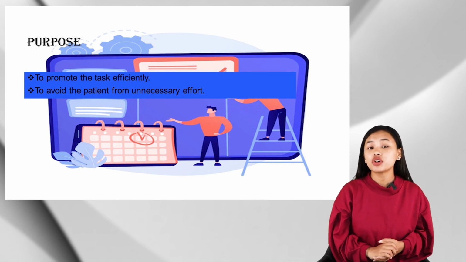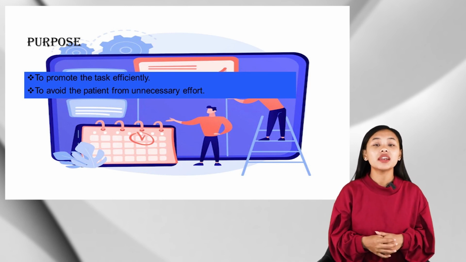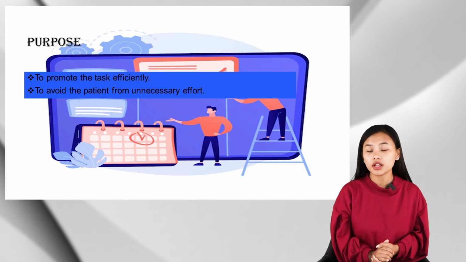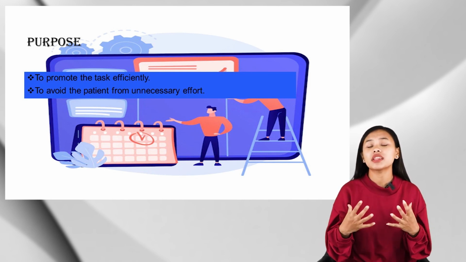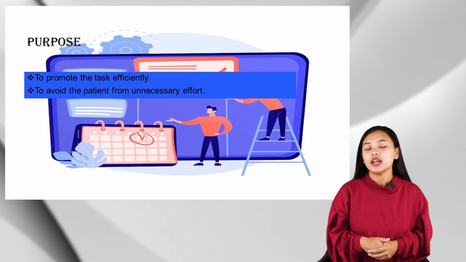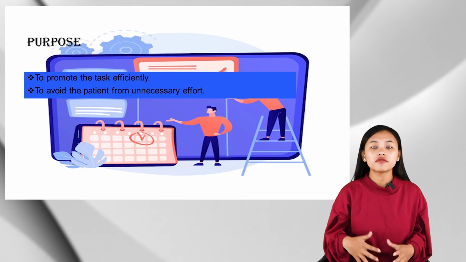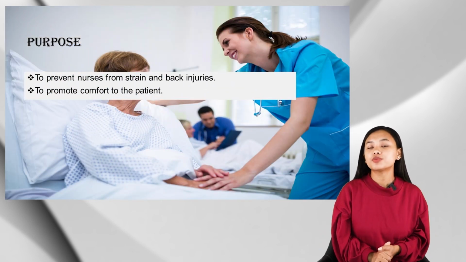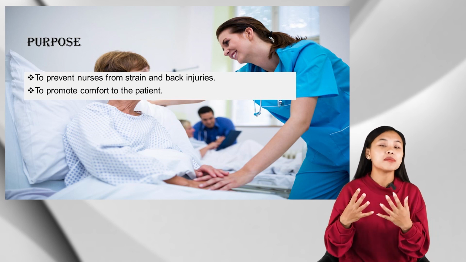The second is to avoid the patient from any unnecessary effort. If he or she is not feeling well, if he or she does not have the necessary energy in order to move from one place to the other, then by helping them, it also avoids the patient from putting in any unnecessary effort. And the third is to prevent nurses from strain and back injuries.